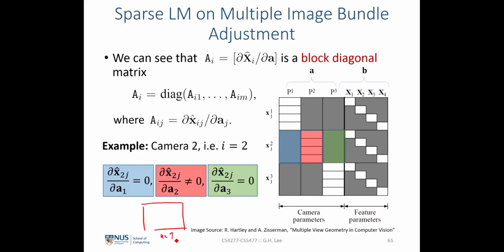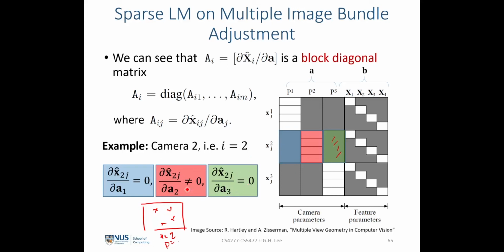So in this case, I'm looking at P2, and I'm looking at 4 points, where each point represents x21, x22, x23, and x24. In the case where I'm partially differentiating with respect to the first camera matrix, this would be 0. And it would be the same if I partially differentiate with respect to the third camera matrix, it will also be equal to 0.